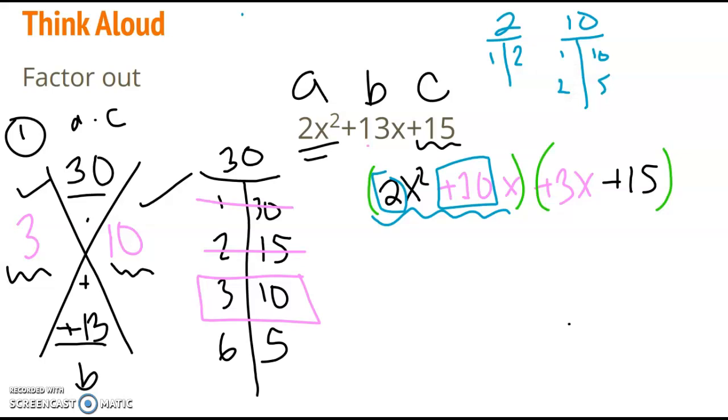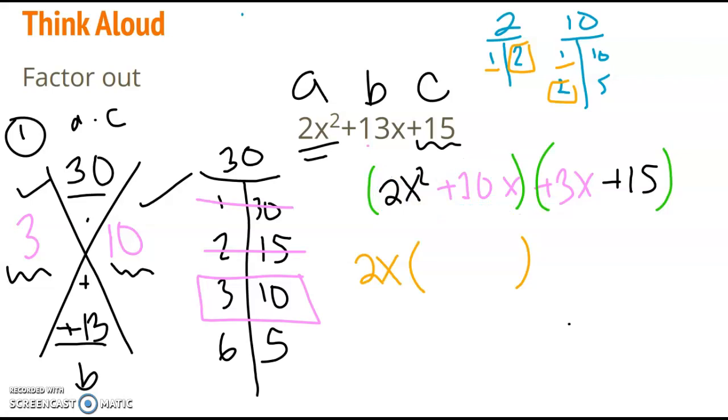Something I notice is that they both have 1 in common and they also have 2 in common. I want the greatest number they have in common, and that is the number 2. Another thing I realize is that they both have x's in them, x squared and x. So I'm going to be factoring out an x.